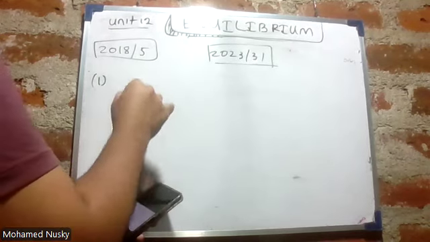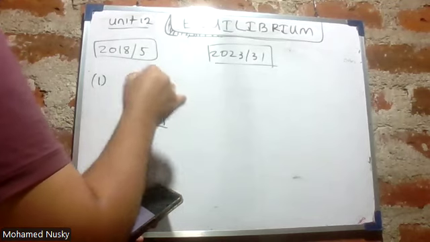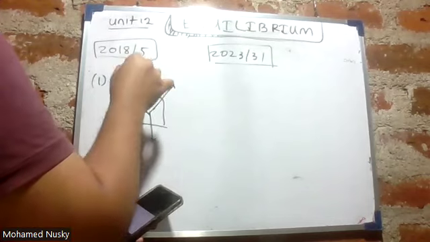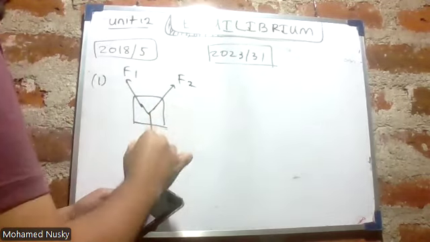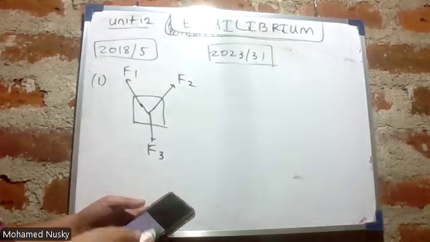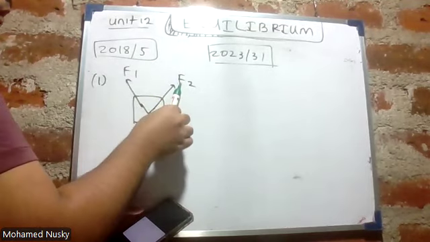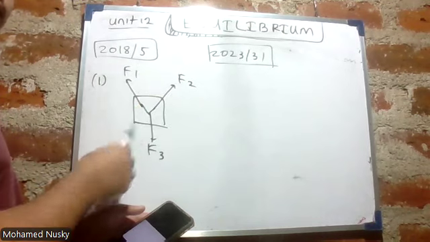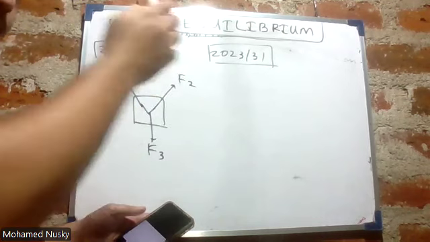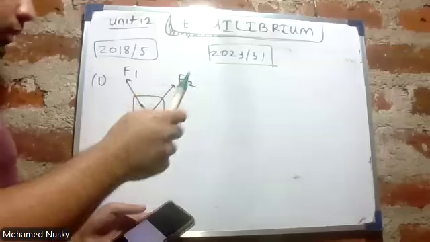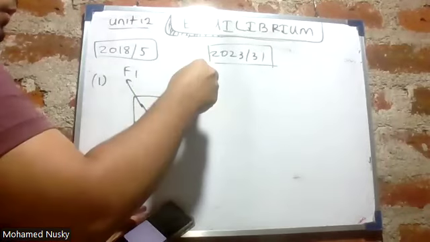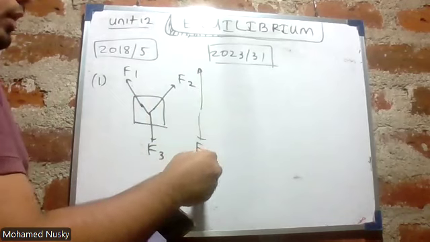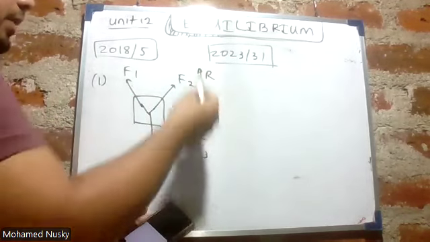Now, F1, F2, F3, the resultant of F1 and F2 should be equal to F3 but opposite in direction.